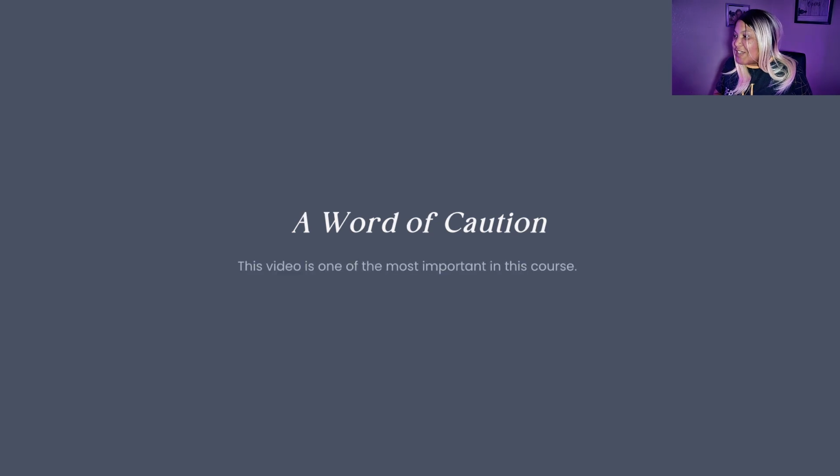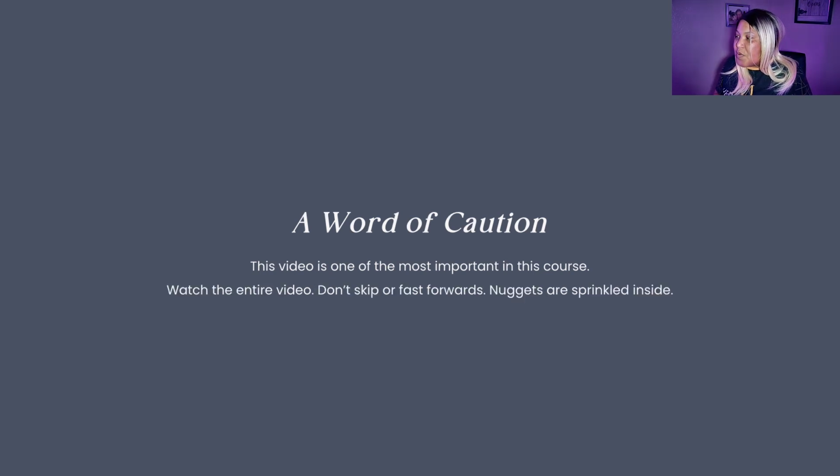And a word of caution, as usual, this video is one of the most important in the course because this is creating the transformation that your core digital product is going to give to your audience, okay? So this is very important because every core digital product should have a transformation. People want results. And watch the entire video. Don't skip around or fast forward. I drop nuggets throughout just off a general conversation.